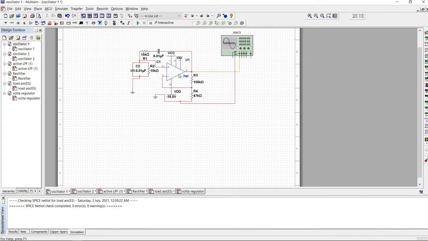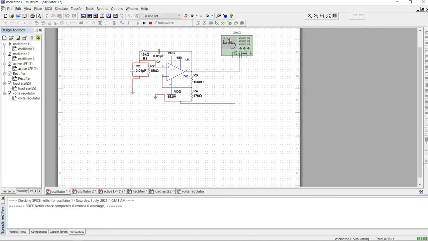And for the observation I use an electronic oscilloscope, and the function of oscillator 1 is the same as a rectifier, where it converts direct current into AC current, but the function of a rectifier is much different compared to it.